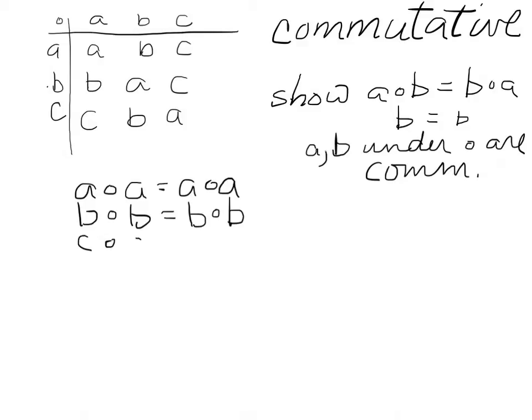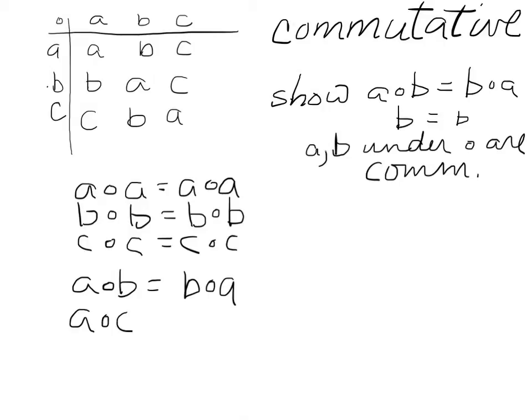If I do an element with itself, that's going to be obviously commutative. So then the next thing is I need combinations of two elements, and these are the most important ones. So I'd have to check A with B, and then B with A, A with C, and then C with A, and then B with C, and C with B.